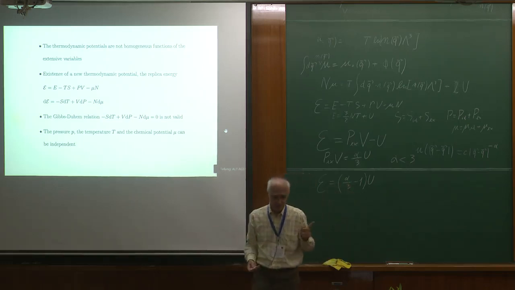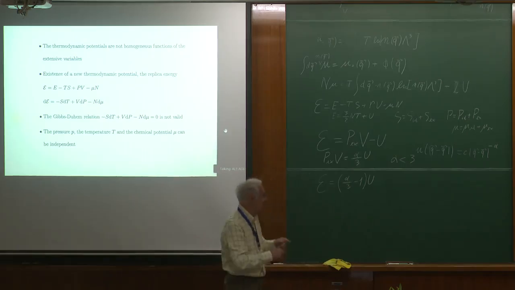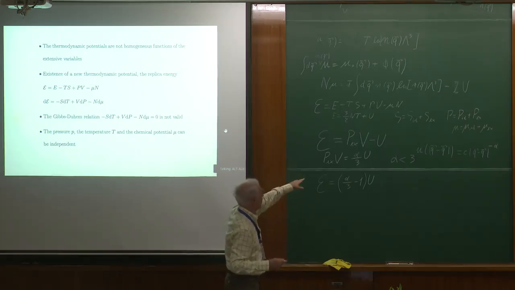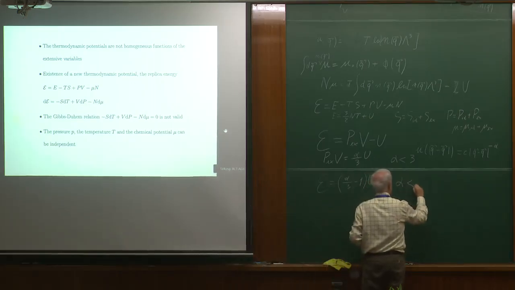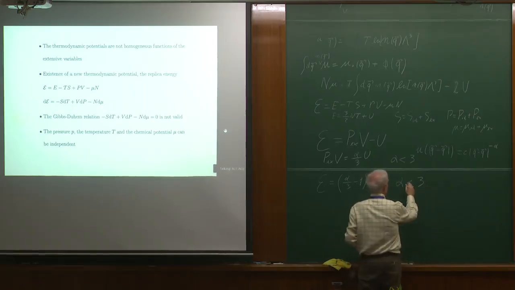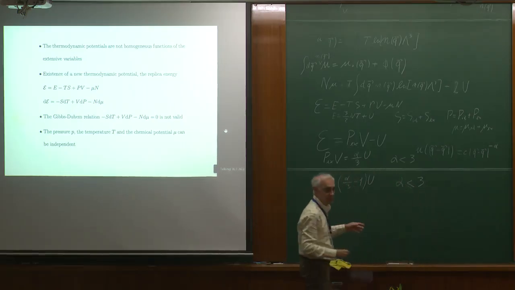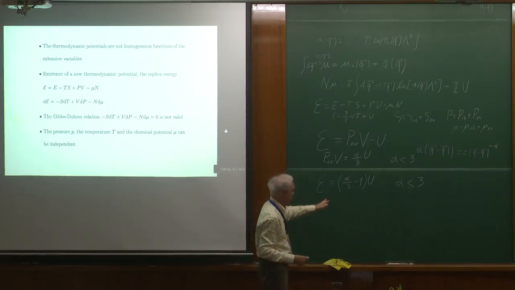Yes, that's true, but the whole procedure is not valid when alpha is larger than 3. I cannot say that the total potential is in the mean field form. So you have to consider that this is only for alpha less than 3. You can add equal if you consider a logarithmic divergence, but for 3 it is 0.